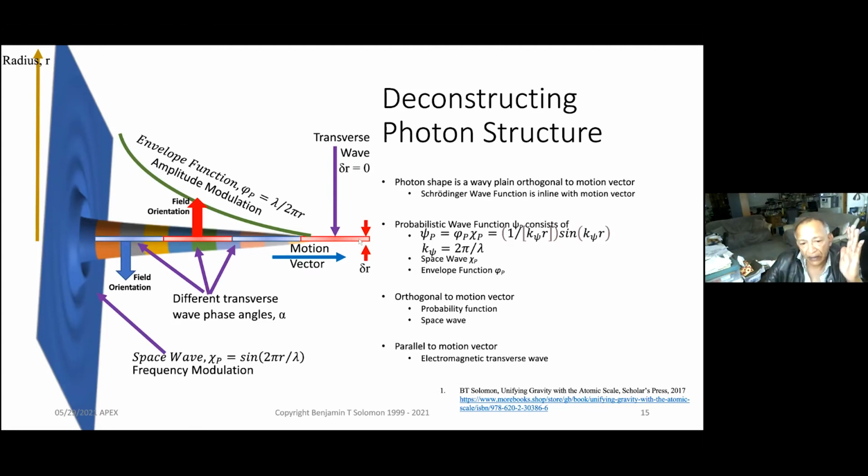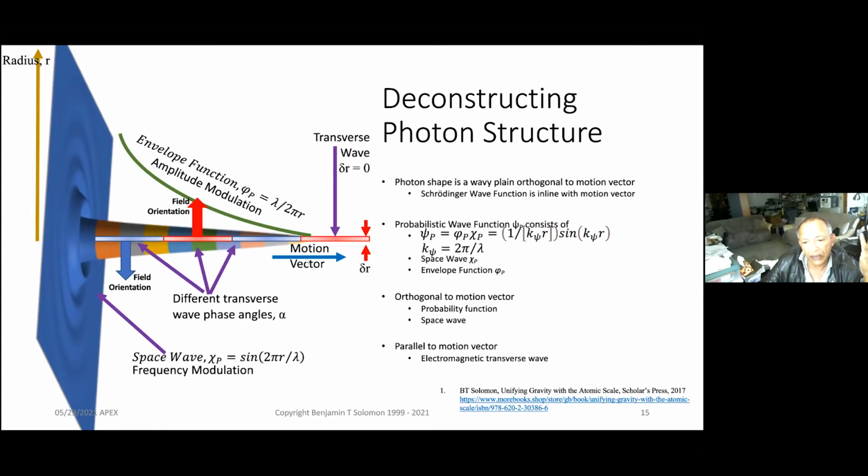So this central axis where the transverse wave exists is infinitely thin, because there's no dimension to it. And so you have an orientation which is either up or down or left or right, depending on the polarization, and the space wave down here. And so there are 4 pieces: the space wave, the envelope function, the transverse wave, and the motion vector.